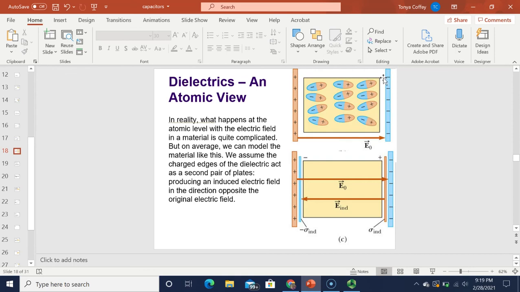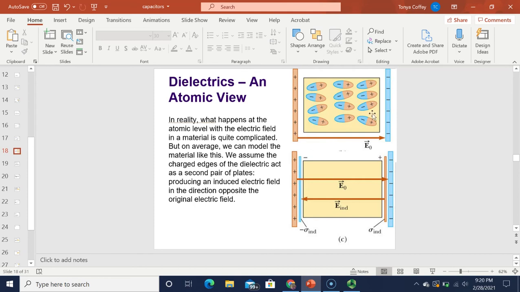And then you can see here that at the edges of our dielectric, which is this yellow square, we have kind of a net charge, don't we? So over here, because of the positive part of our dipole lining up with our right-hand side, we have a net positive charge over there. And then on the left-hand side of our dielectric, we have our negative charges lining up, okay? And so we've got a net negative surface charge on the left-hand side.